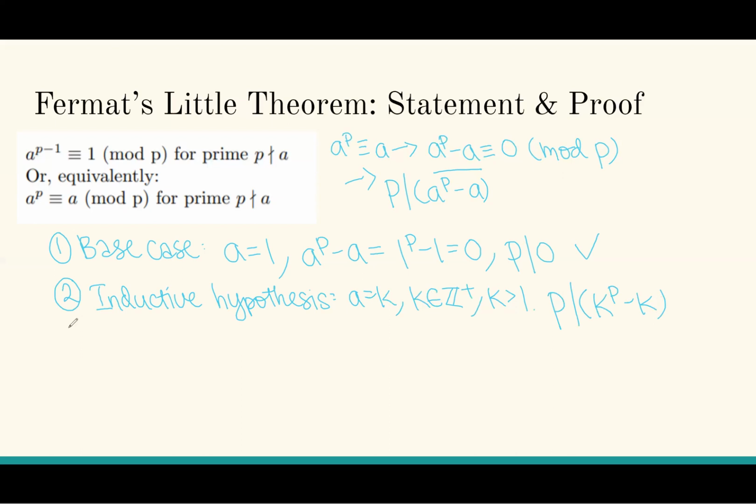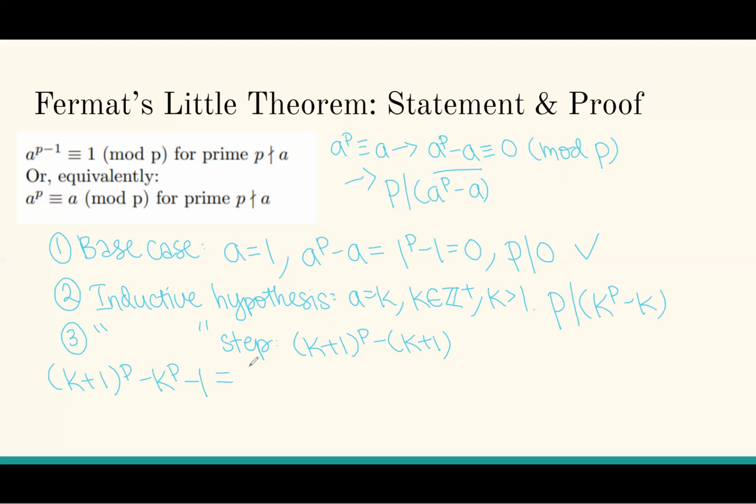So now we're doing our inductive step. This means that we are looking at k plus 1 to the pth power minus k plus 1. Now we're going to do a cool manipulation here. Firstly, we have k plus 1 to the pth power minus k to the pth power minus 1.